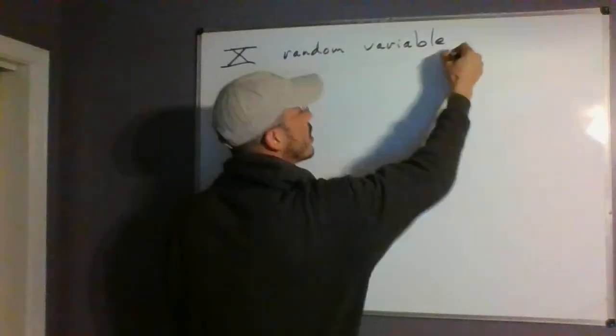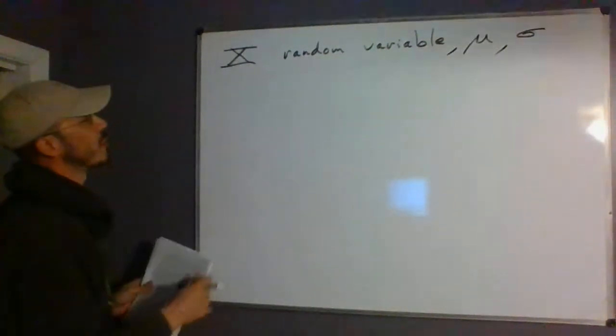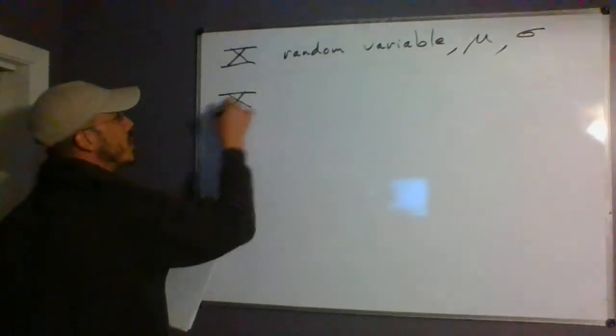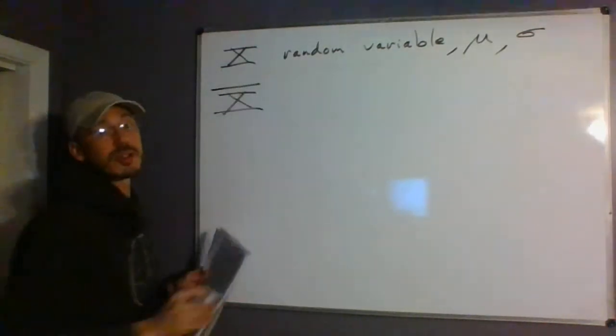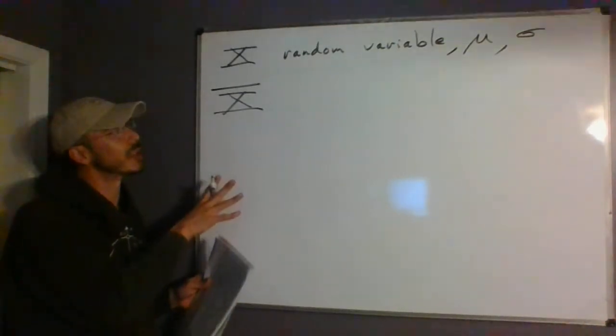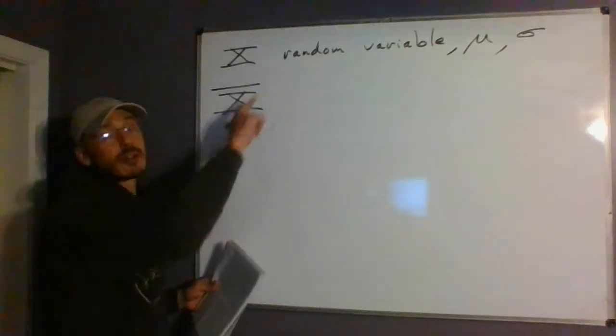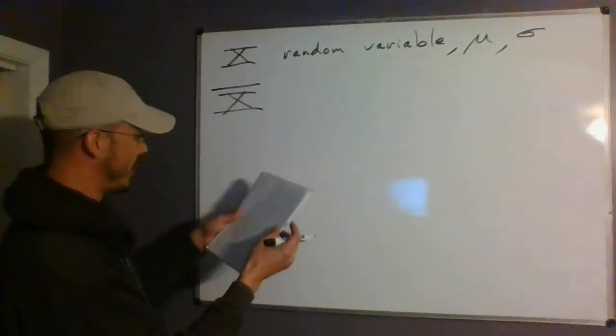We know there's a mean and a standard deviation for it, as we saw before. This is the new one, X bar, so capital X bar is a distribution of the sample means, not the individual values, but the means of the samples.